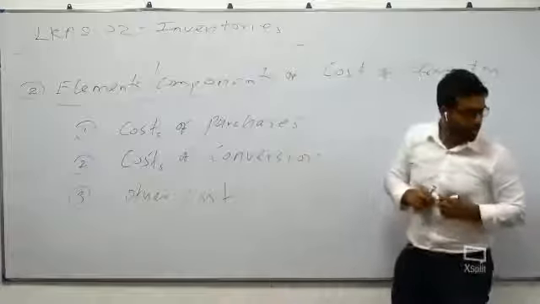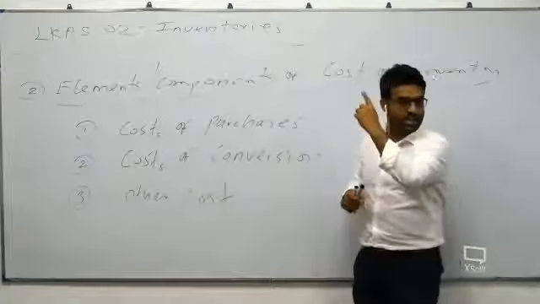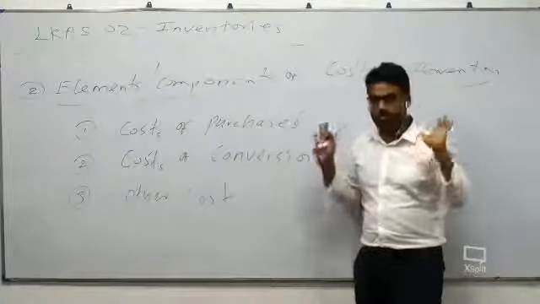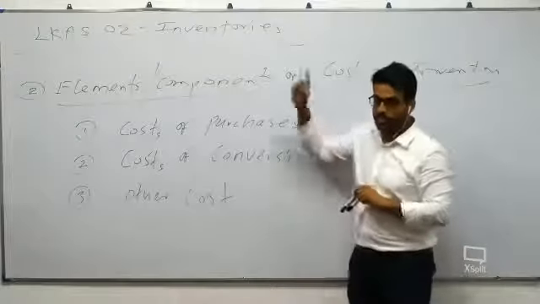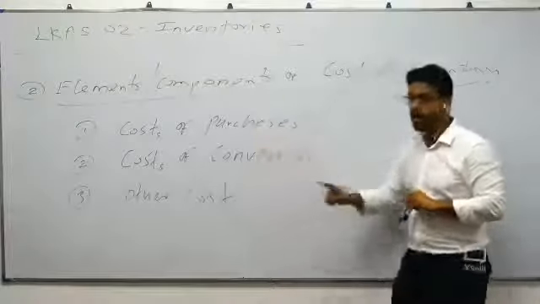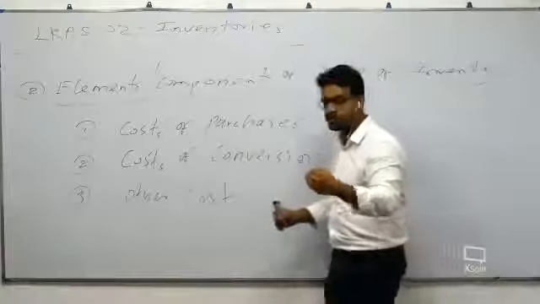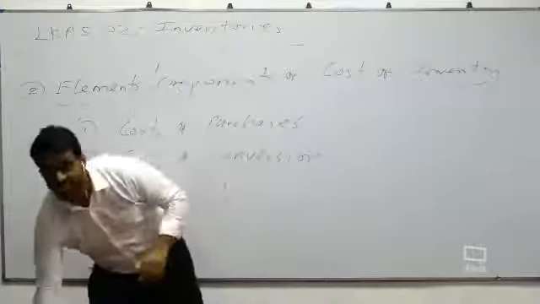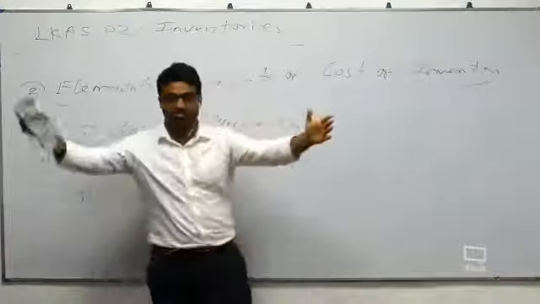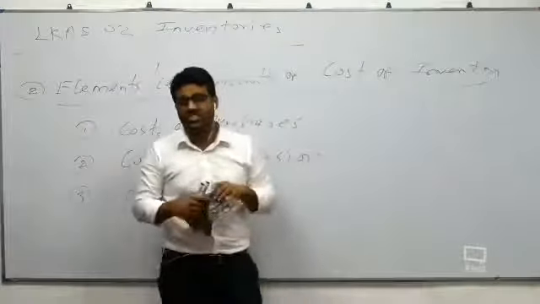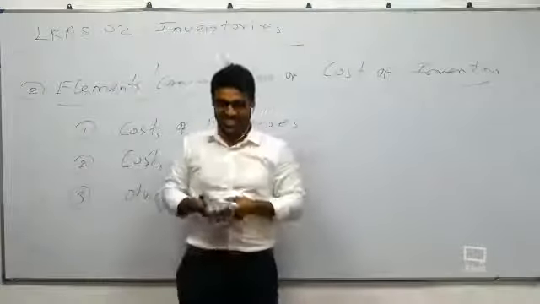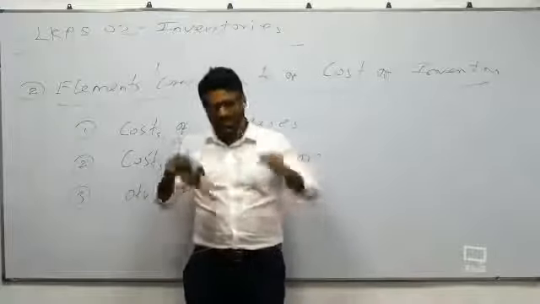I am just describing what Lanka Accounting Standard 2 says. Cost of inventory has 3 categories: cost of purchase, cost of conversion, and other cost. So if the examiner asks you in your final paper, in the 50 questions, they always test standards.